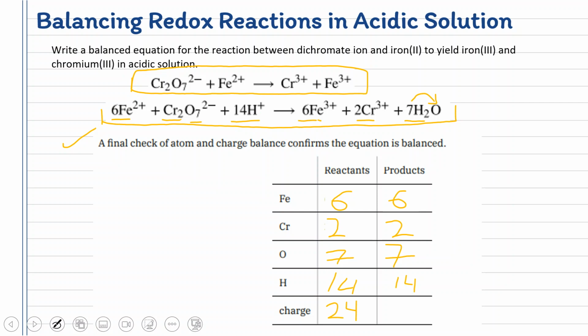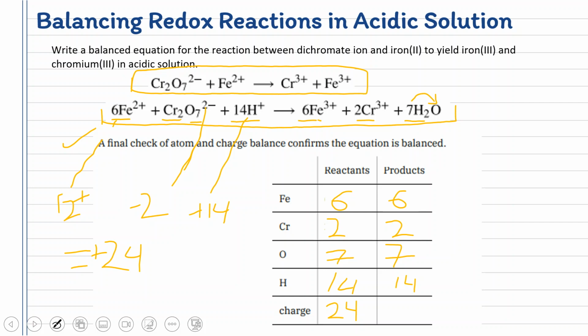If you didn't see what I did, this is 12 plus. This is minus 2. This is 14 plus. So if you add all these, you're going to have 24, because 12 plus minus 2 gives you 10, and 10 plus 14 is 24 plus. So that's the charge on the left.